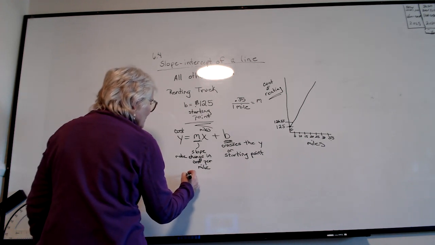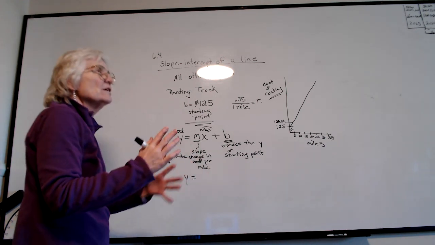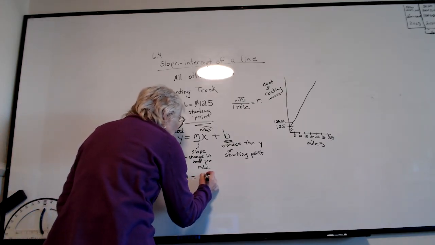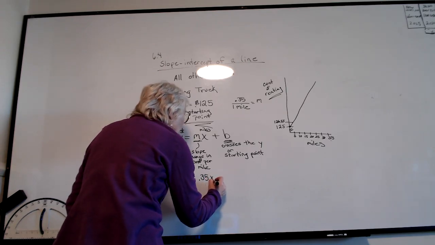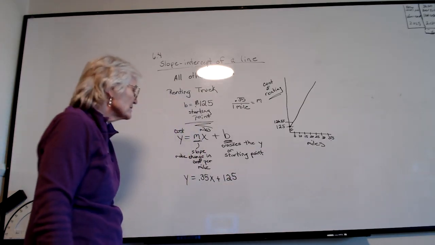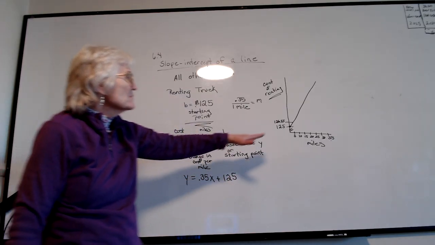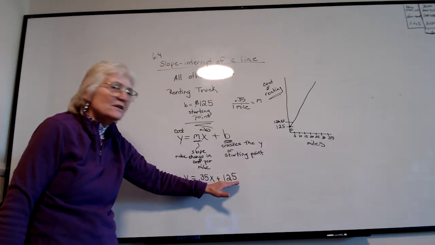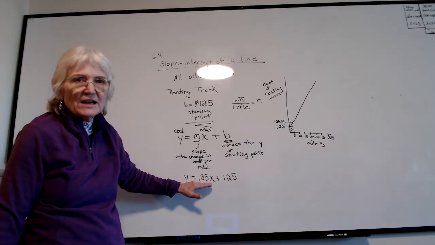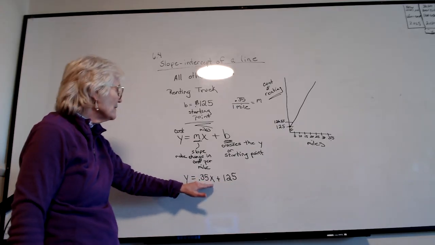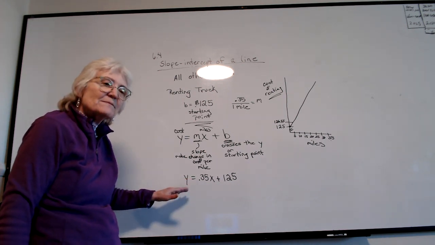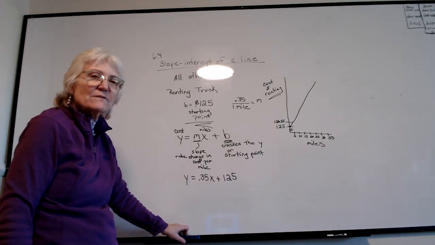So our equation that represents this truck rental is 0.35, because that's how much they charge per mile, plus the flat fee of $125. And if you notice, that goes along with my graph. This is the starting point or the y-intercept where it hits the y. This is how much it's changing depending on how many miles we drive. And this will be the total cost that we get at the end of that. And so that's basically the slope-intercept form.